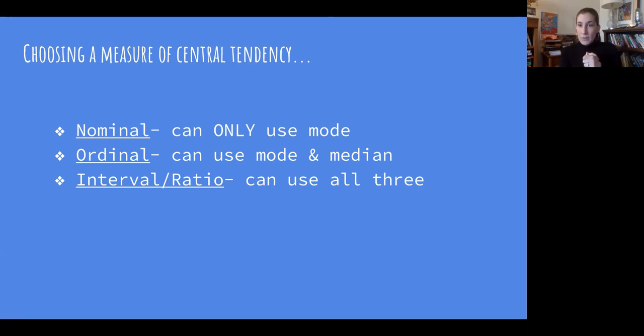Interval ratio variables can use all three. So with interval ratio variables, I can tell you the mode. Typically, I can tell you what was the most common response. That tends to be not super useful for interval ratio variables, but it can be.